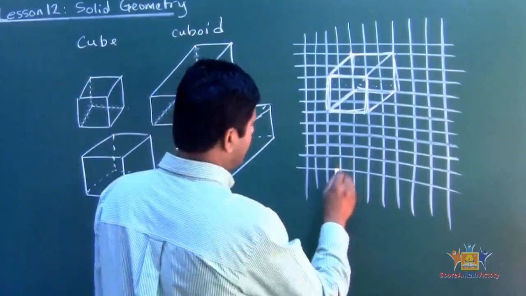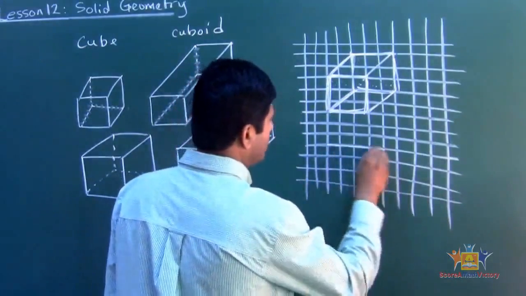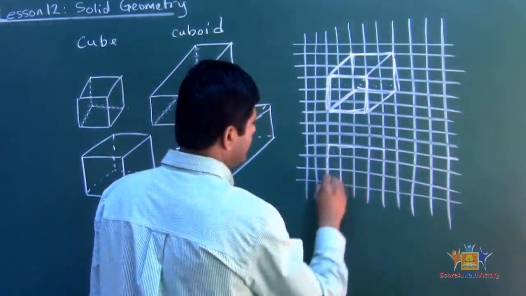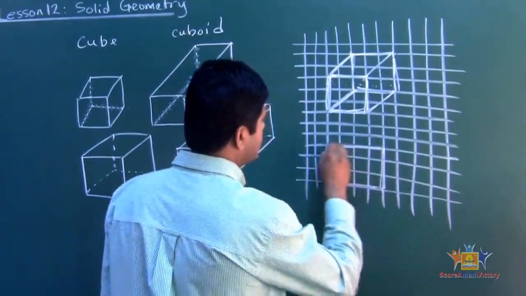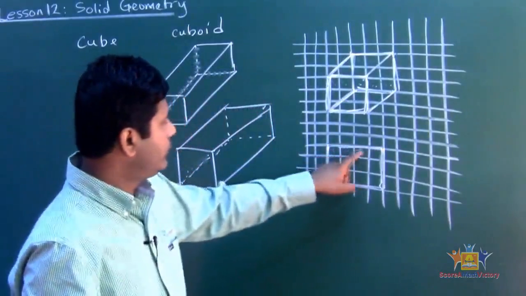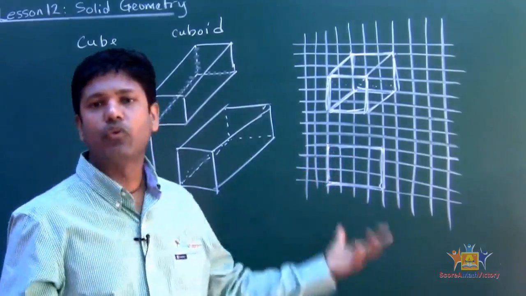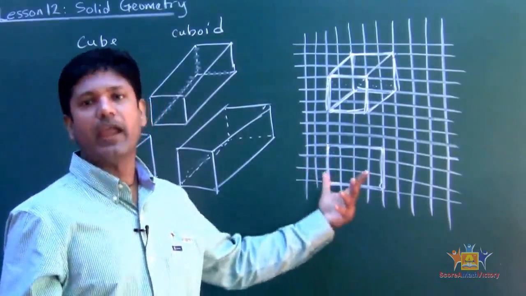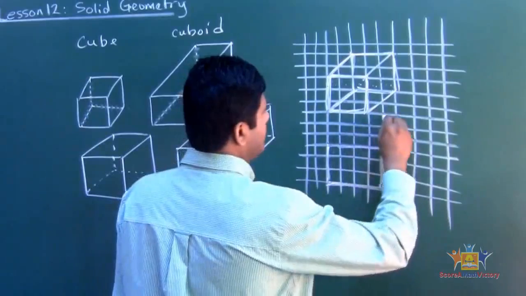Okay? And you do the same thing with the rectangle. In this case, let's say for example, 1, 2, 3, 4, and then 1, 2, 3. So I'm going to create a rectangle. Let's darken it. 1, 2, 3, 4, 1, 2, 3. Then I want to move this up to here.